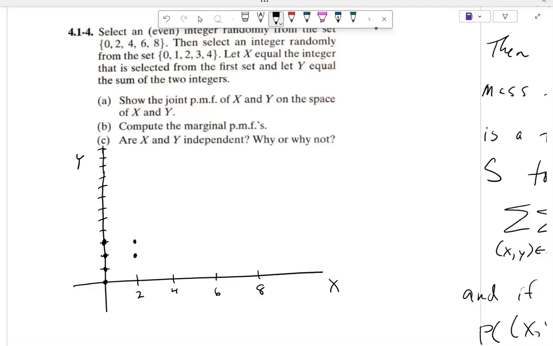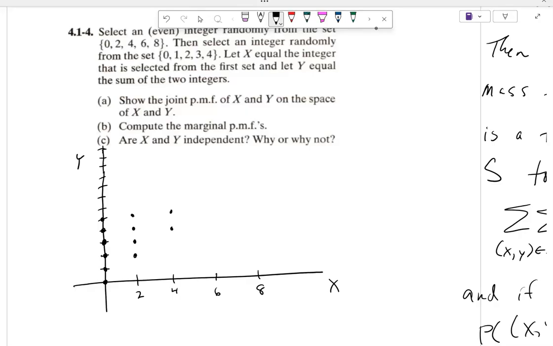How about a sum of 4? How can we get that? Well, the x has to be 0, 2, or 4. Agree with that? A sum of 5: we use a 2 or a 4 for the x's.